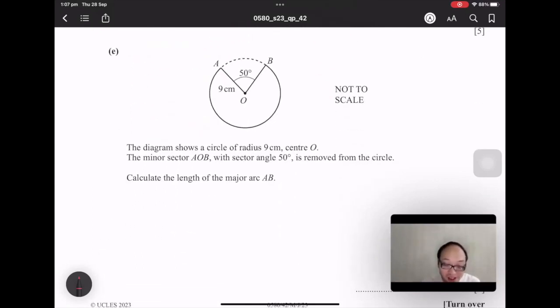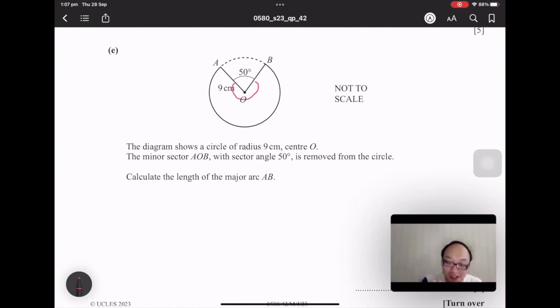The diagram shows a circle radius 9, center O, the minor sector angle 50, removed. Calculate the length of the major arc AB. So that means the angle here will be 360 minus 50 equals 310.